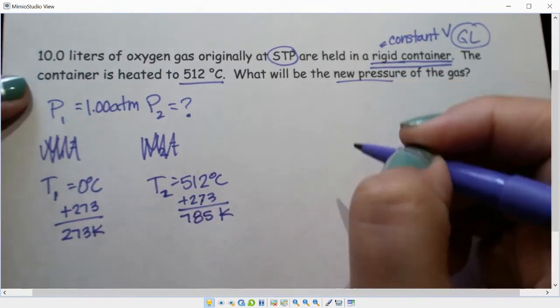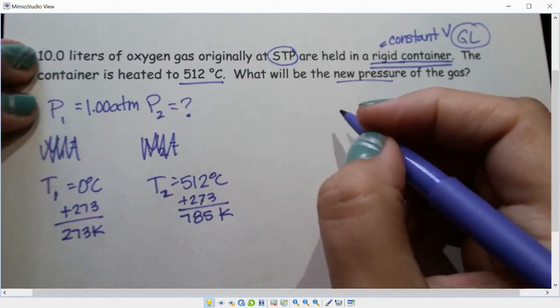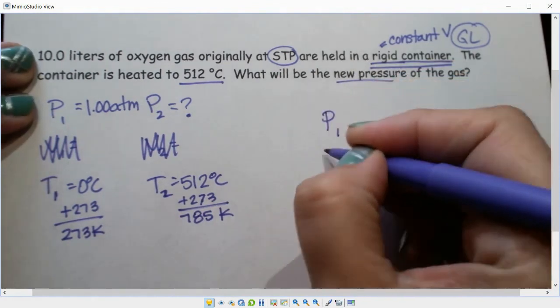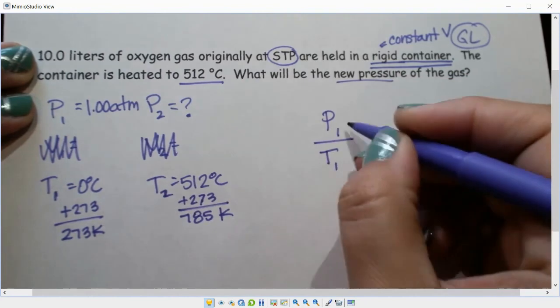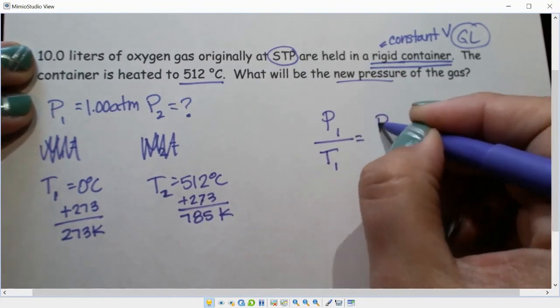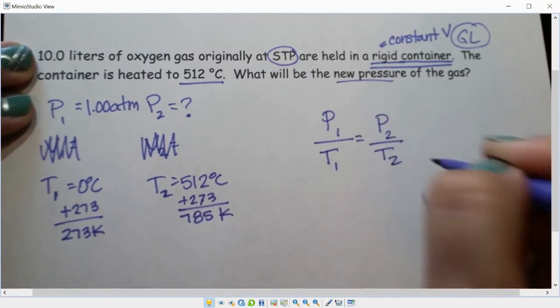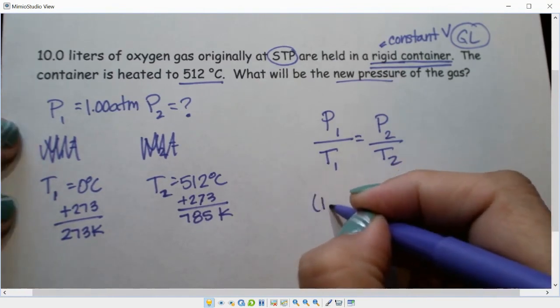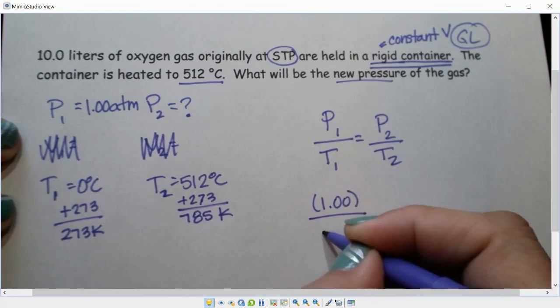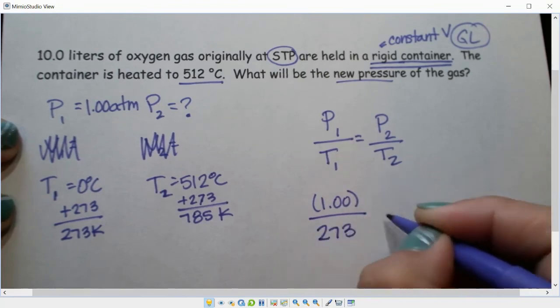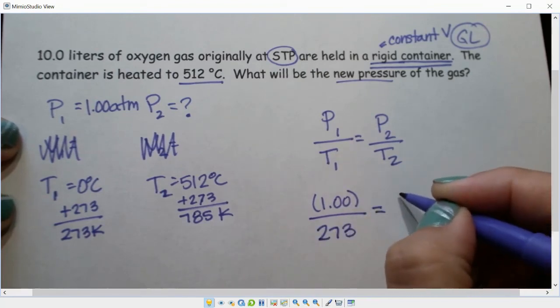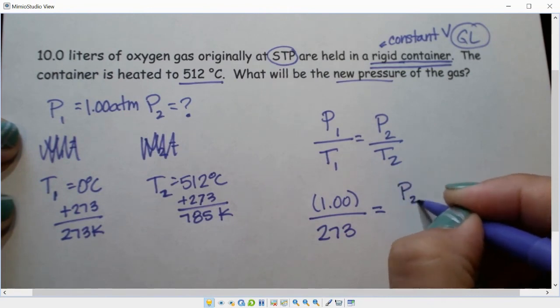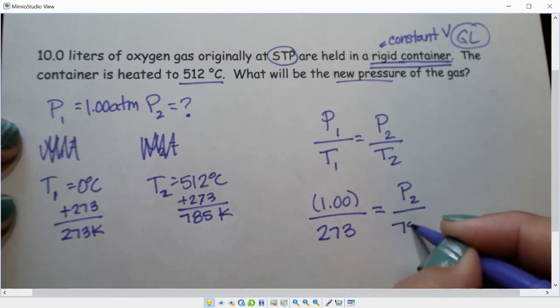And then I just plug it into my equation. So I'm going to ignore the V, which leaves me with just P1 over T1 equals P2 over T2. Make my substitutions based on what I know. P1 is 1. T1 is 273. P2 is unknown. And T2 is 785.